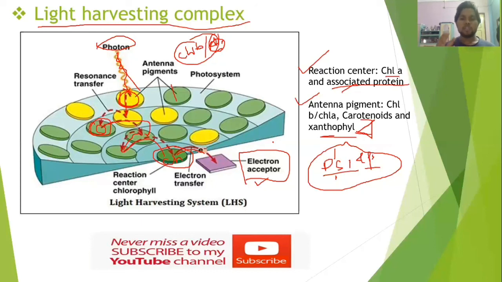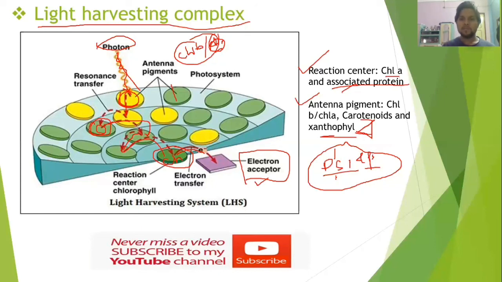In cyclic and non-cyclic photophosphorylation, ATP and NADPH are produced, and they go to the Calvin cycle, where glucose, the main product of photosynthesis, is produced.